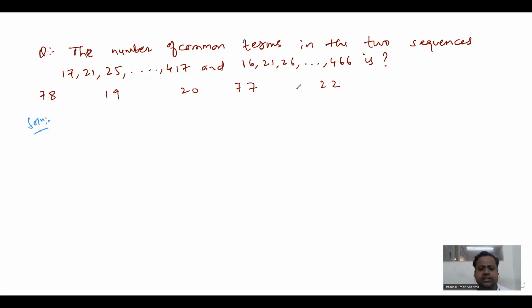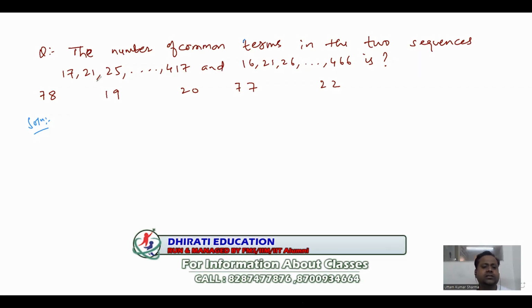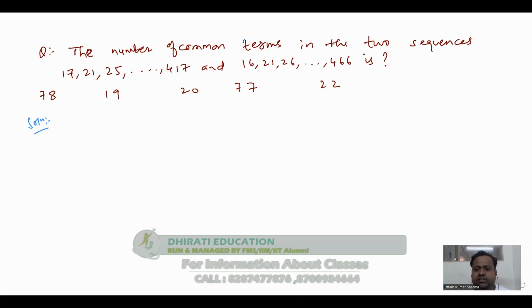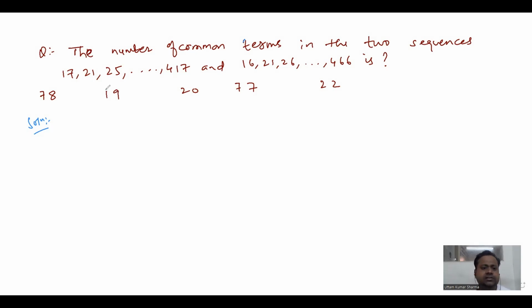So let's understand this question. You can see on the screen the number of common terms in the two sequences. Sequence means there are two series, right? Sequence means series. The two series or two patterns that you can see: one is 17, 21, 25, and so on.